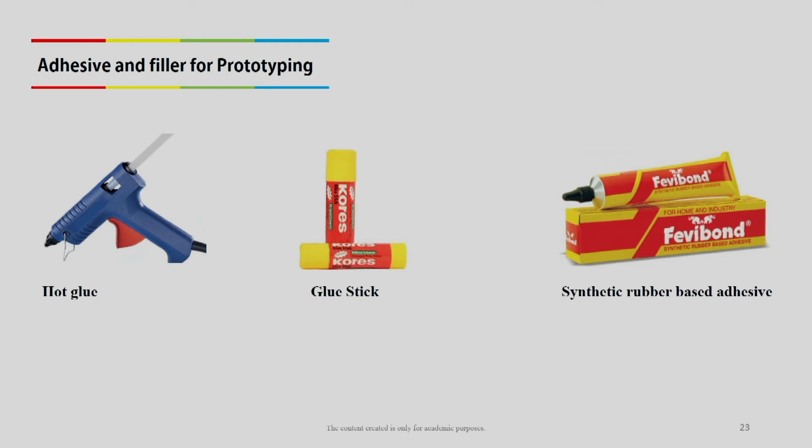We can also use hot glue. With the help of a hot gun we can use it. Next is glue stick. While sticking papers we can use it, and also synthetic rubber based adhesive. Any kind of plastic or rubber material can be joined with the help of rubber adhesive.